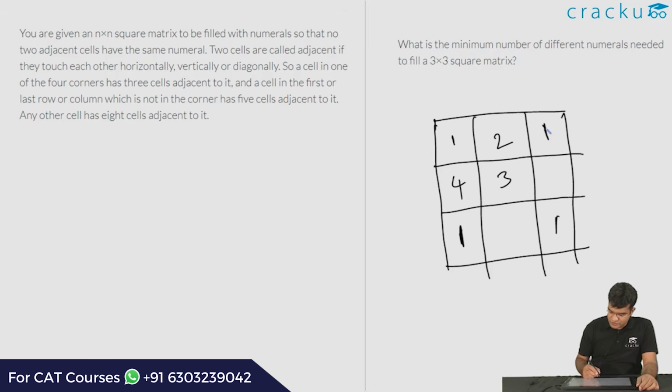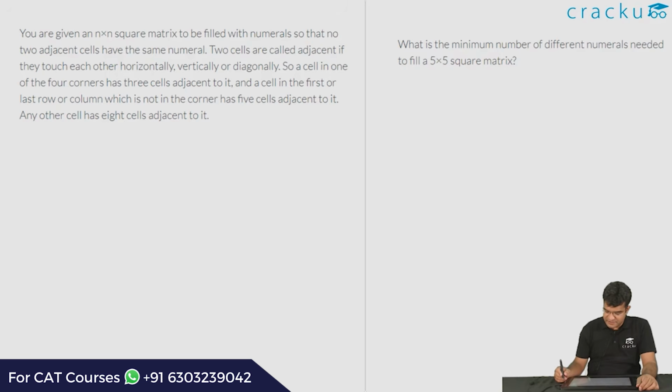Now let us try to use 2. If this is 2, this number can't be 2 but this number can be 2. So we will put 2 here. Now this number can't be 1, can't be 2, can't be 3, but it can be 4 because 4 is not its neighbor. So using these 4 numbers we have managed to fill up the entire 3 cross 3 matrix. So the required answer is 4.